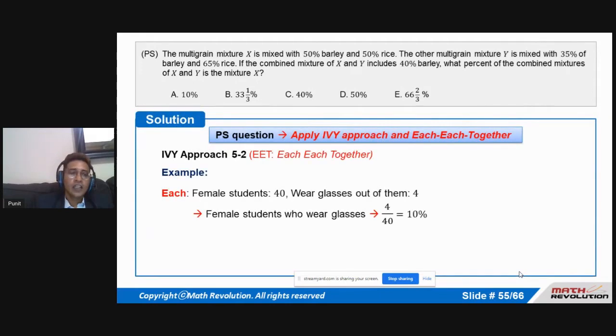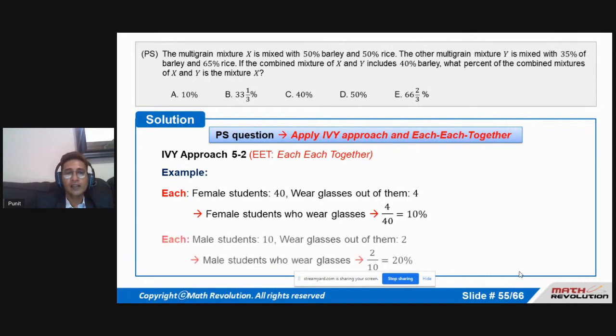Let's talk about one of the each and together examples that we have done. I'll go quickly on it because we have already done this example. Female students 40, we had a wear out of 4. Female students were 10. Male students were 10, out of which 2 students are wearing glasses. That becomes 2 over 10, that is 20%.